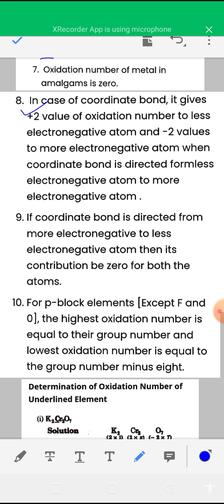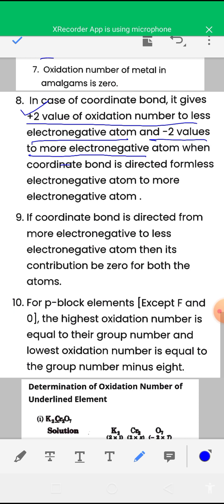in case of a coordinate bond, it gives +2 value of oxidation number to less electronegative atom and -2 value to more electronegative atom when the coordinate bond is directed from less electronegative atom to more electronegative atom.